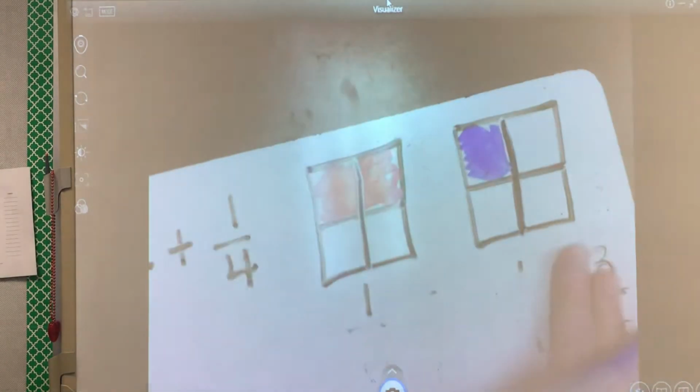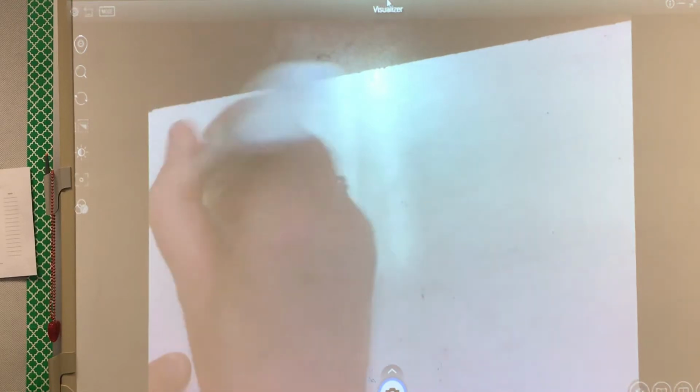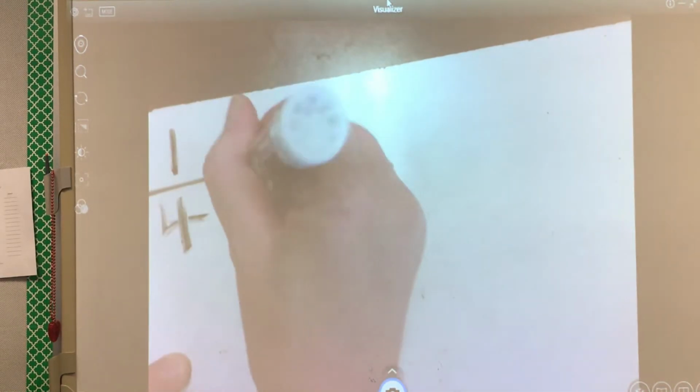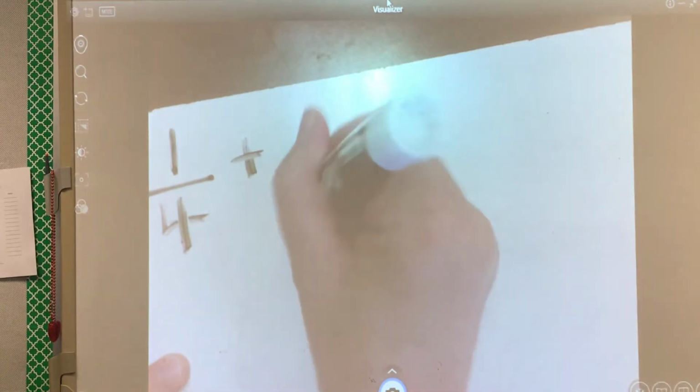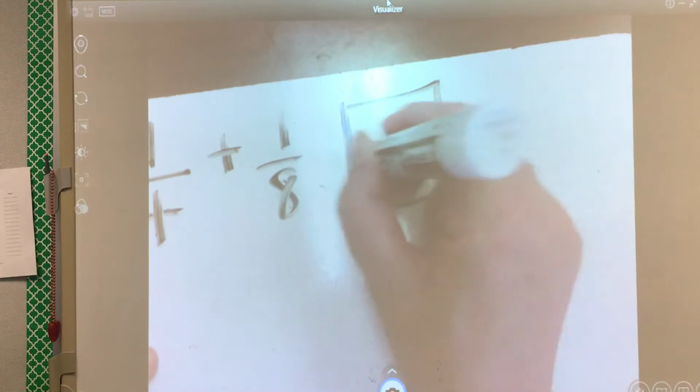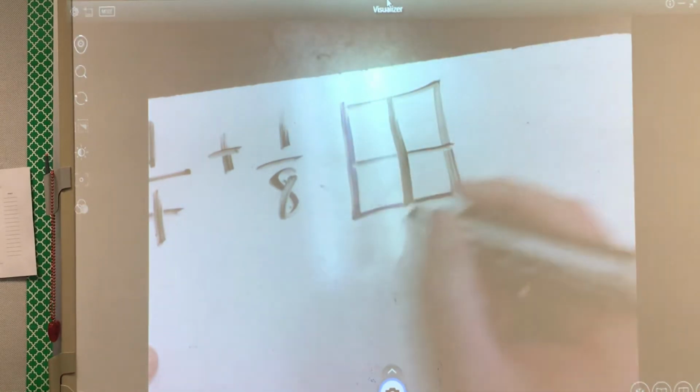Bring back my board. So let's try 1/4 plus 1/8. Okay, so I'm going to make this into fourths, and that'll be my 1/4.